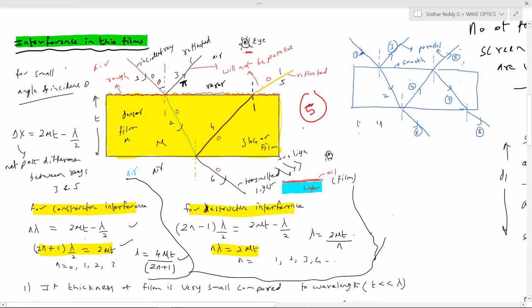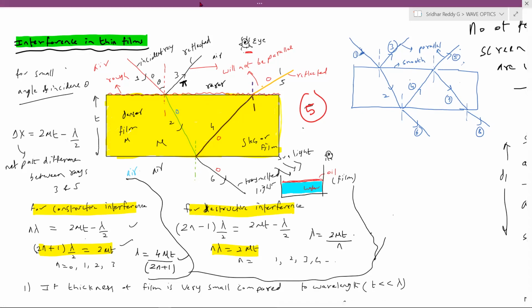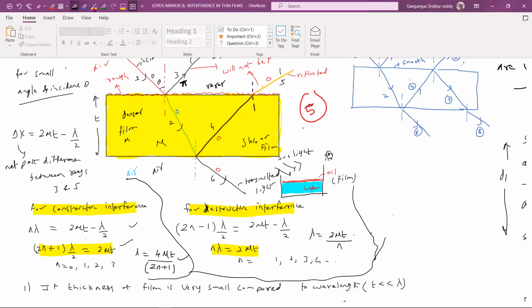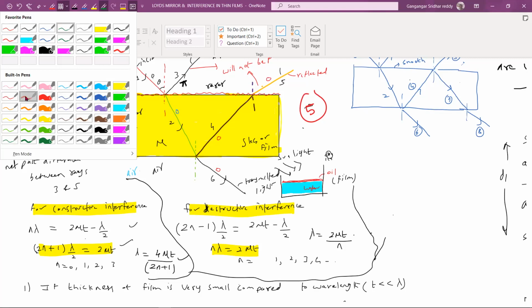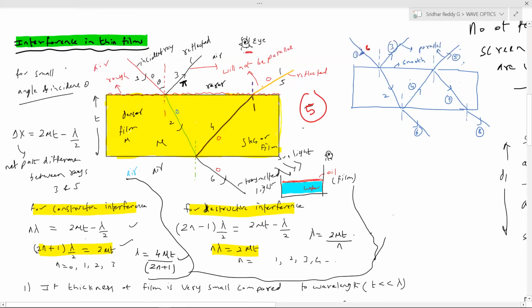Let's discuss this. Let me start with, okay, let me take some other color. Now, what is the phase angle of this? 0.